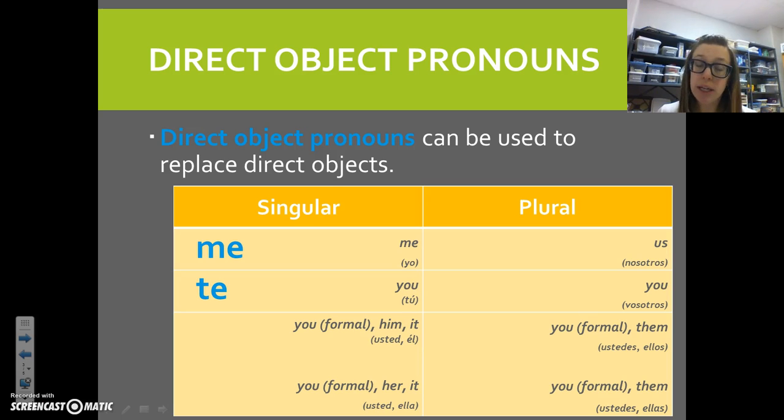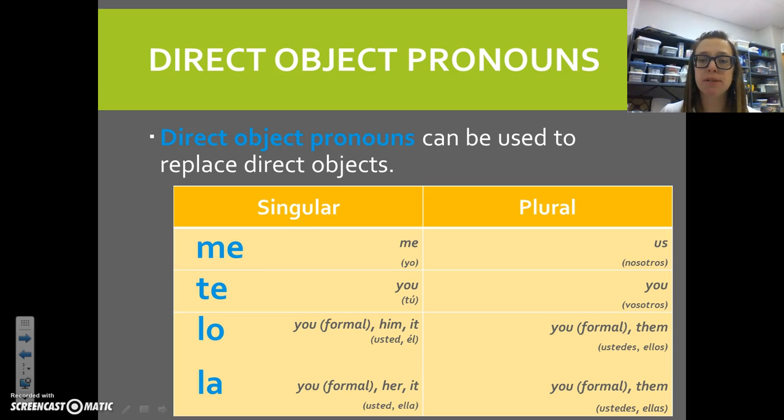That is the informal or the tú form. Okay? For the you formal, if that you formal is a man, him or it, I'm going to use lo. For you formal, her or it, and if that you formal is a female, I will use la.